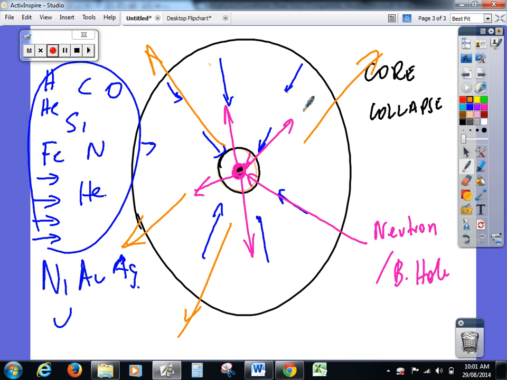Remember, most of the star is still unfused hydrogen. That unfused hydrogen seeds out into space as a massive explosion, which we see as the brightest single event in the universe, a supernova, leaving behind inside it either a neutron star or a black hole.